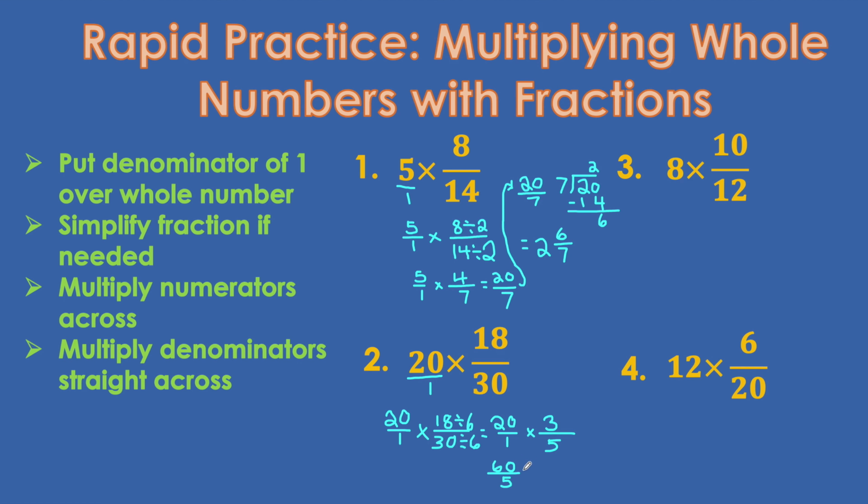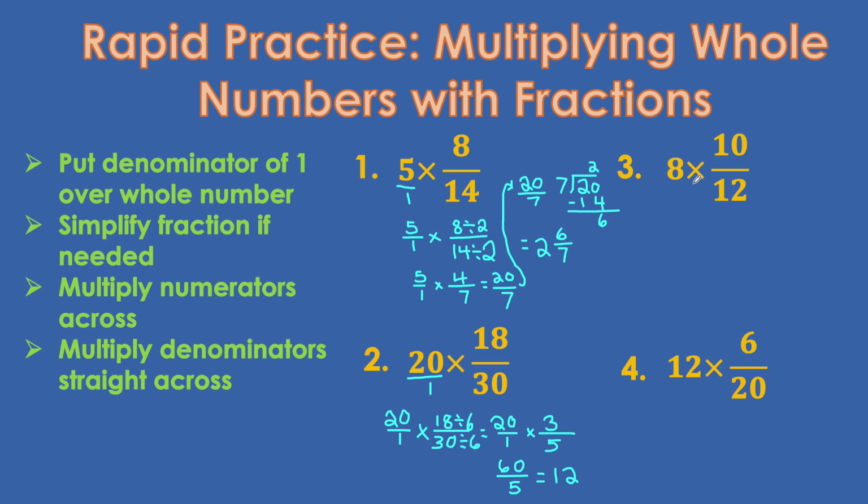And this divides evenly. If you know your division facts, 60 divided by 5 equals 12. So our final answer is 12. Moving on to number 3.